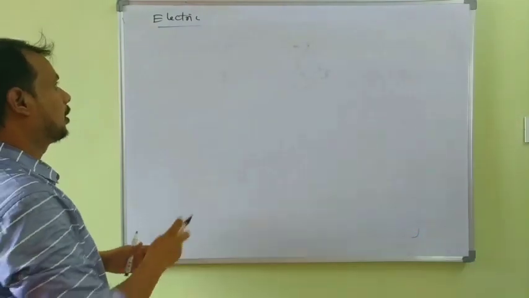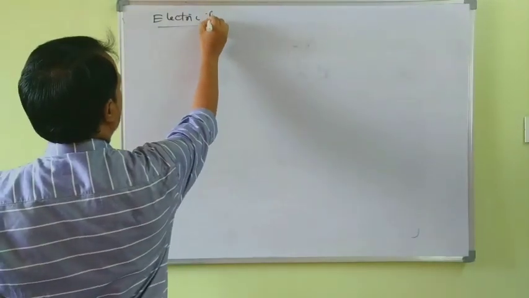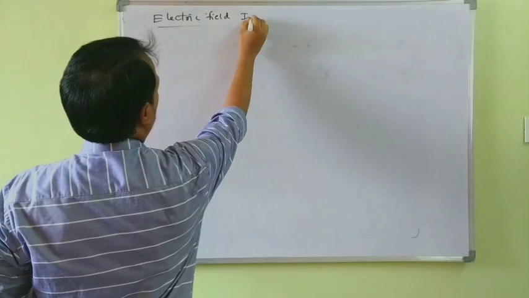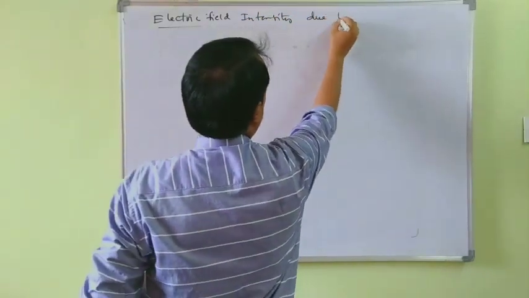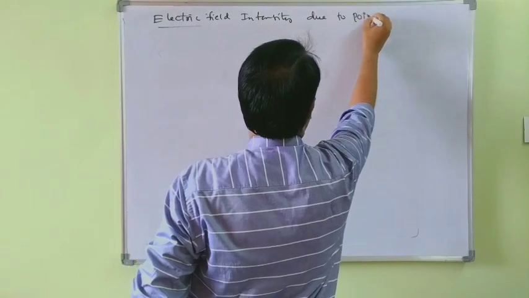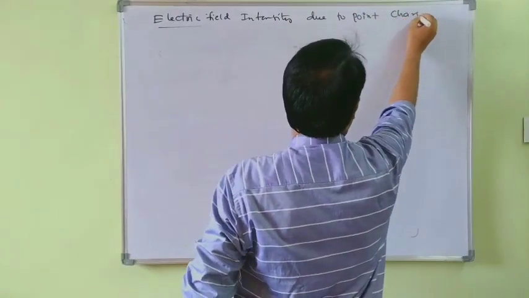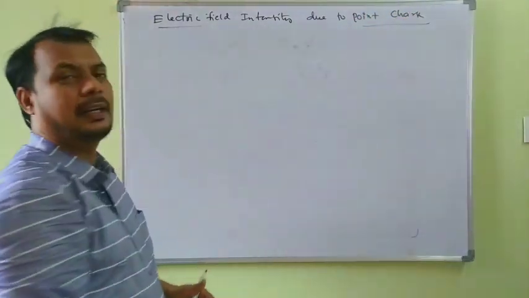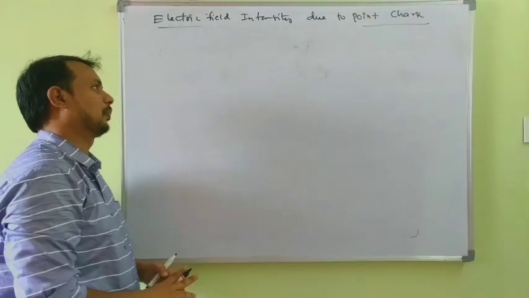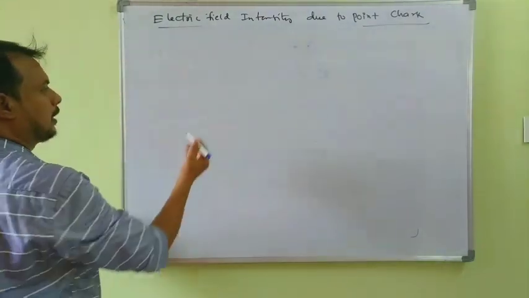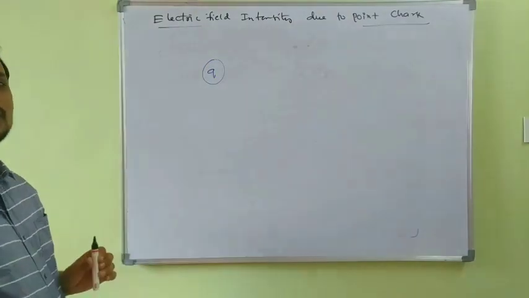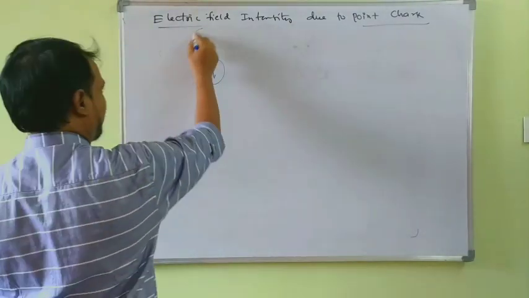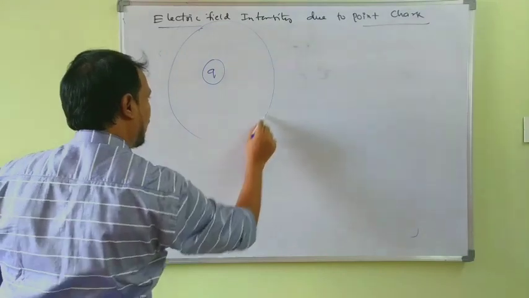Then afterwards we'll discuss the electric field intensity due to an electric dipole. Due to a point charge, just imagine a charge Q, and this is the electric field intensity around the charge.